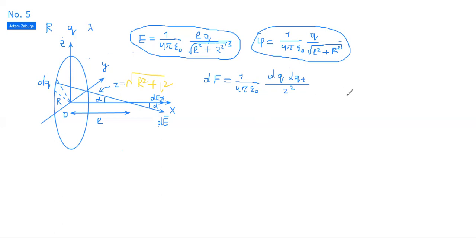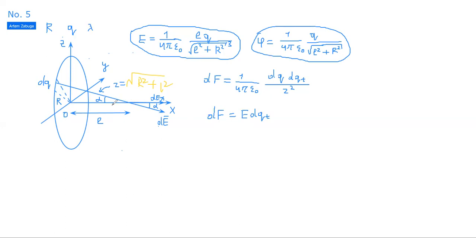And we can find dF, differential of force, from formula E multiplied by dq_t. dq_t is charge of the thread.